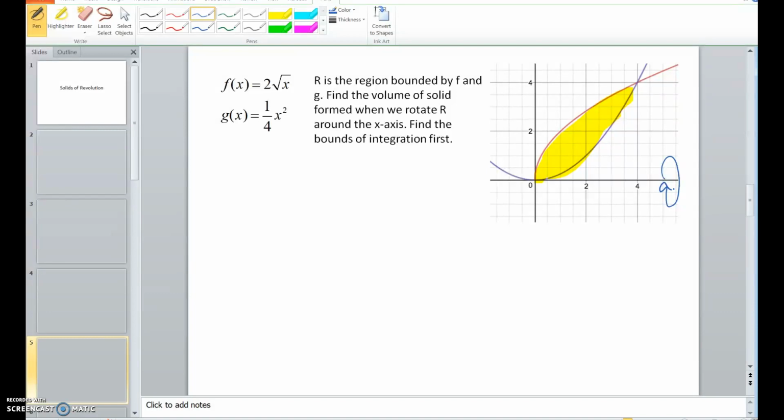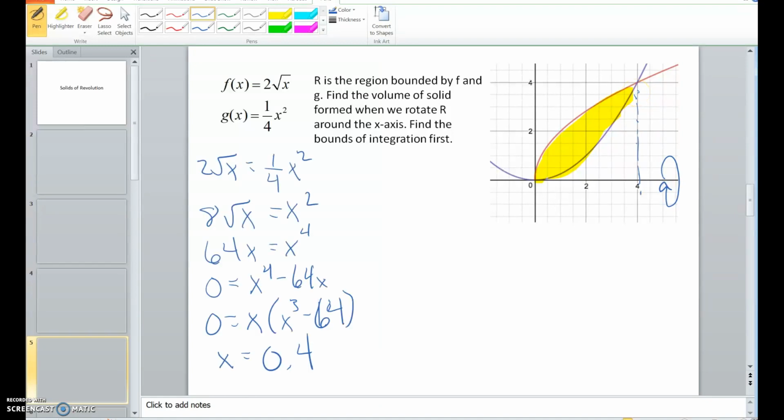So the first thing we want to do is find the bounds of integration. From looking at this graph, I can see that I'm going to want to integrate from 0 to 4 because that's clearly labeled on this graph. But go ahead and figure it out algebraically. Okay, I went ahead and solved this equation. I got the bounds of integration are from 0 to 4, which is what it says on the graph, so that's good.